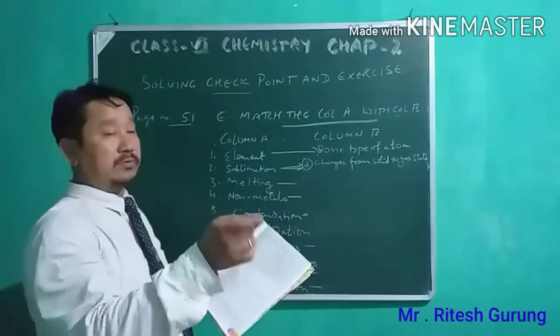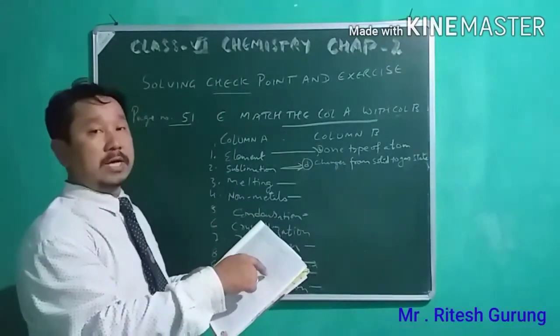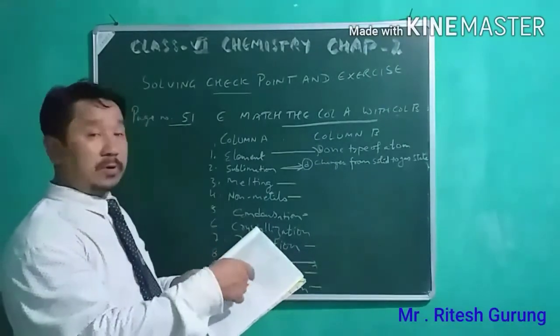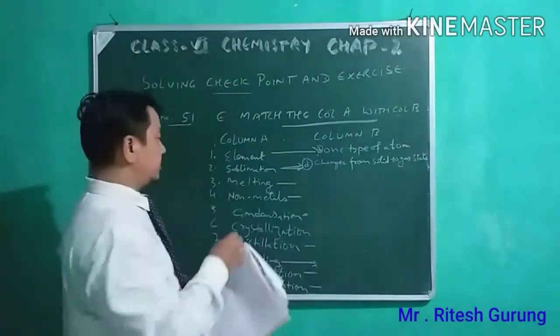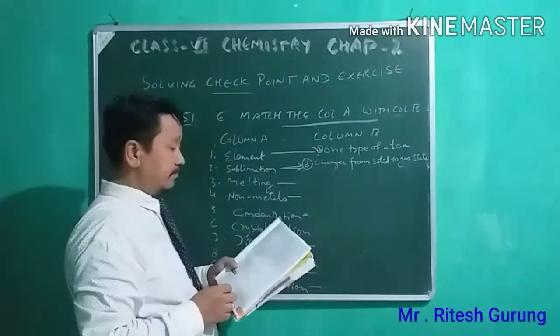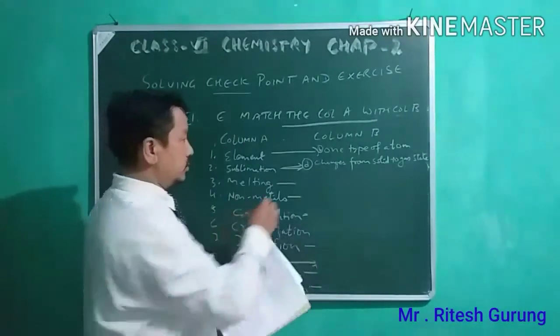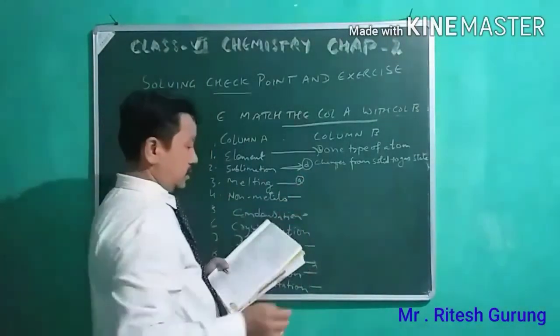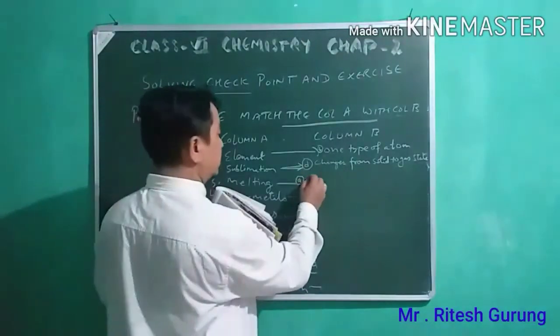Because you are there with the book, you get the help from the book. Then number 3, that is melting, matching with option number A, that is changes from solid to liquid.